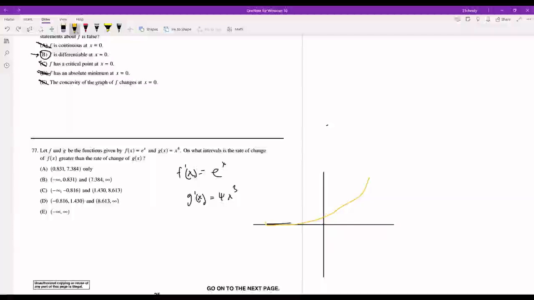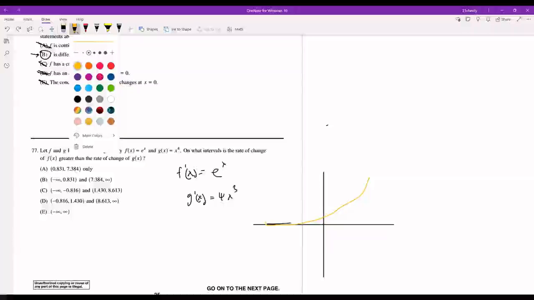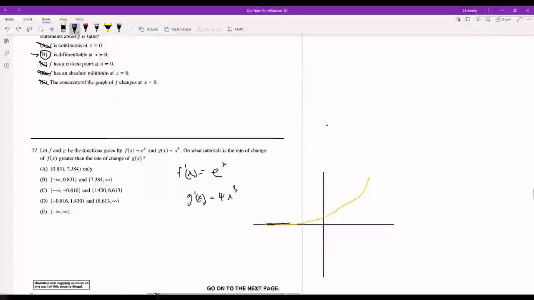And now for 4x cubed. It basically looks like this.